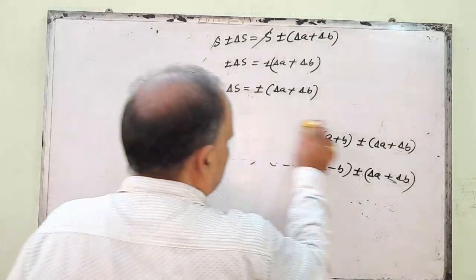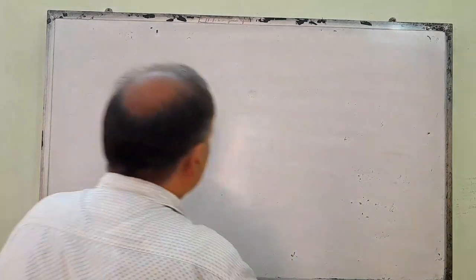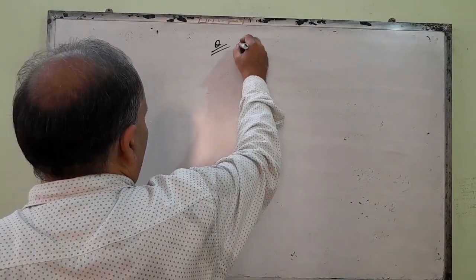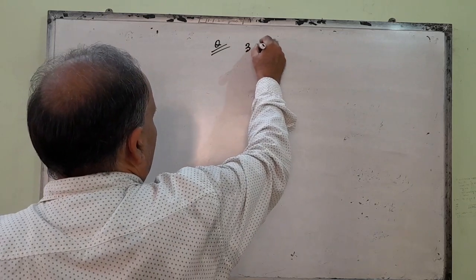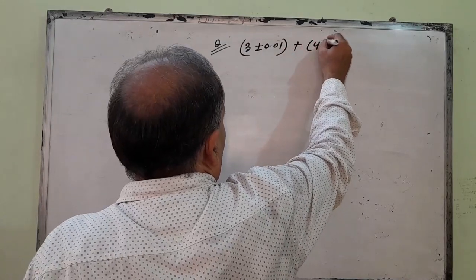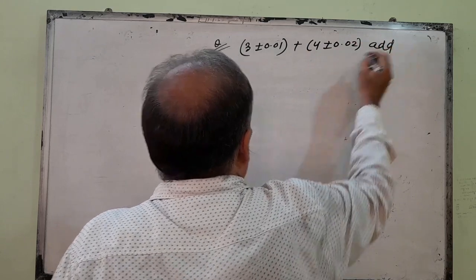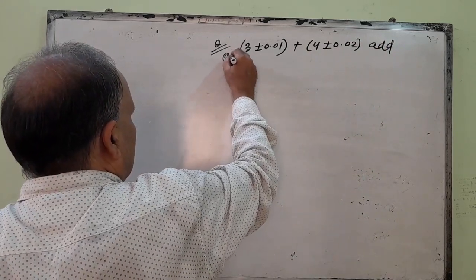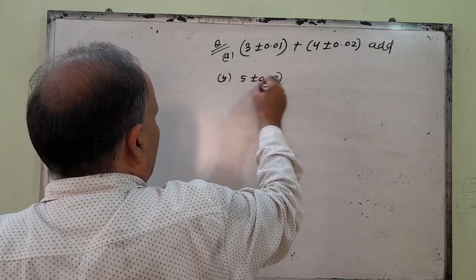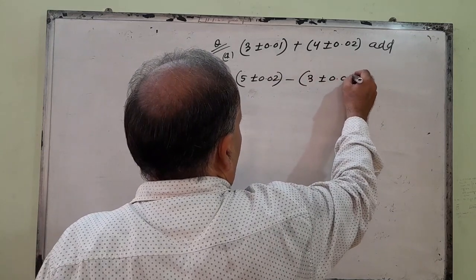For example, I am doing one problem. Suppose question number 1: 3 plus minus 0.01 plus 4 plus minus 0.02. Add. That is your first bit. Your second bit is 5 plus minus 0.02 minus 3 plus minus 0.01.